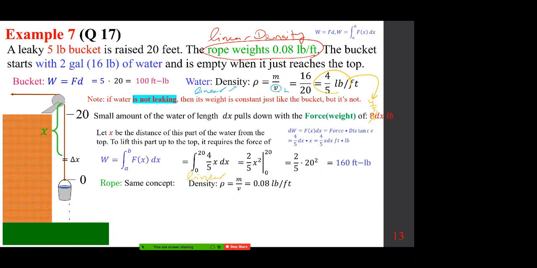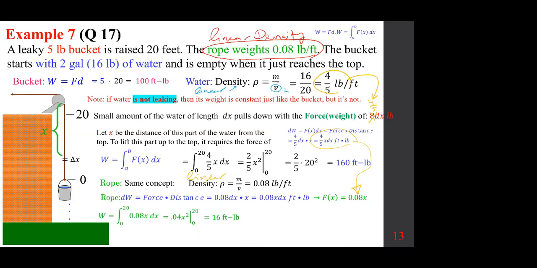Okay, and so you have the same thing. I don't want to explain too much and waste too much time. Just change this to 0.08, because of the way the rope weighs, and do the math. Plug in.